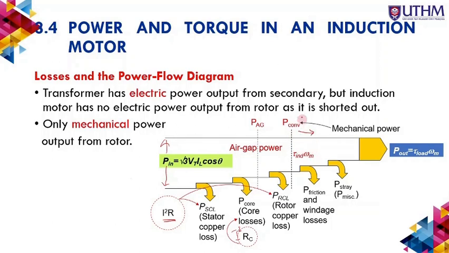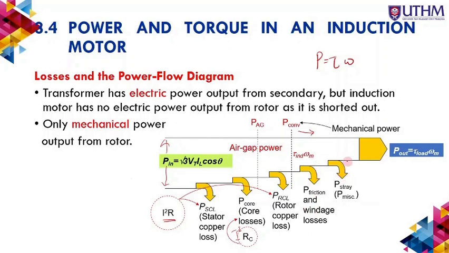In chapter 1 we already learned the relation between power and torque: P equals torque times angular velocity. Then there are the friction and windage losses, and the other losses, the stray losses.